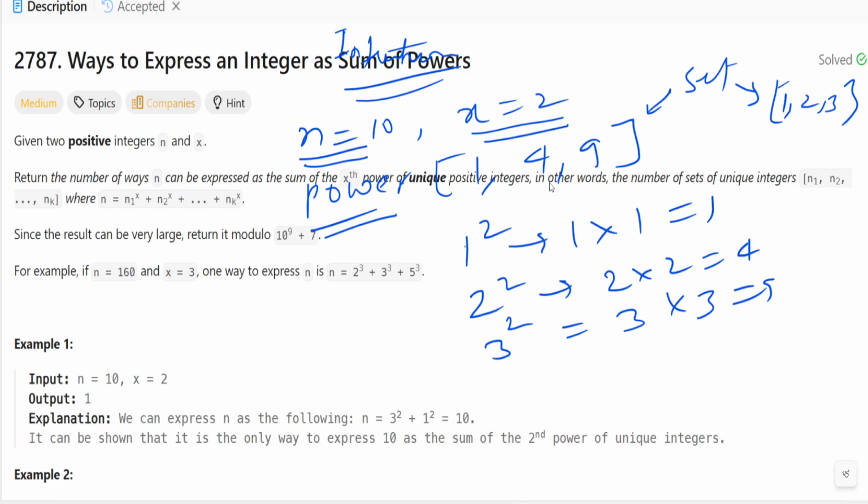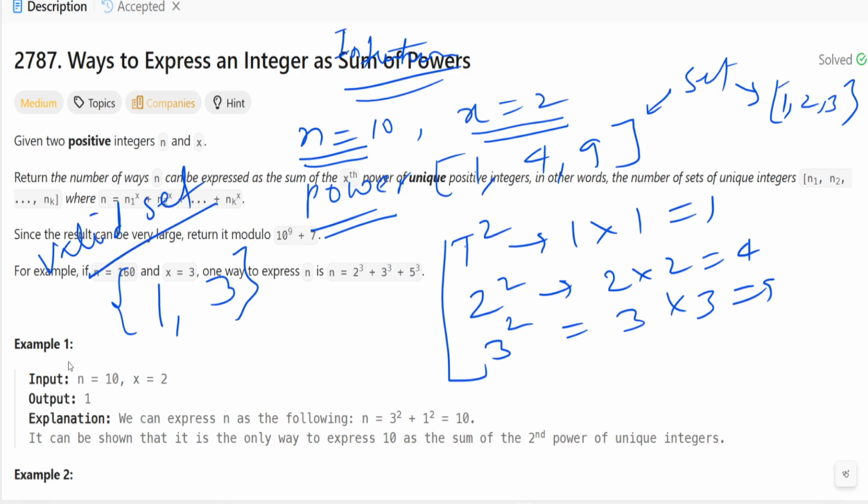Okay, so what is the only valid set? If we take 1 and 4, or 1 and 9, this will not work. So we can take the values 1 and 3. We can say 1 and 3 are a valid set, because they generate these powers. Are you understanding?